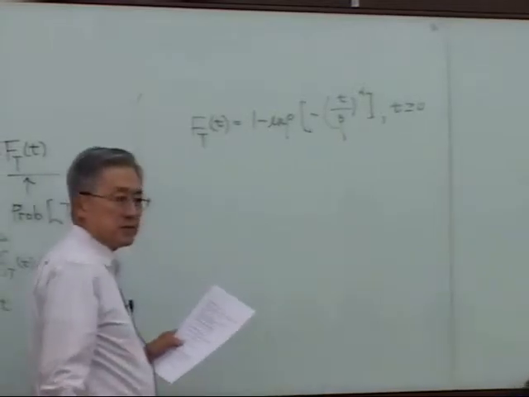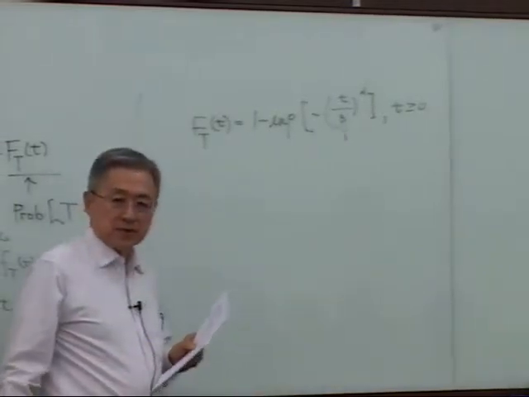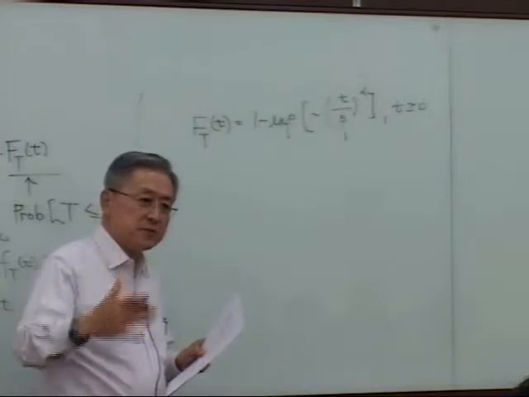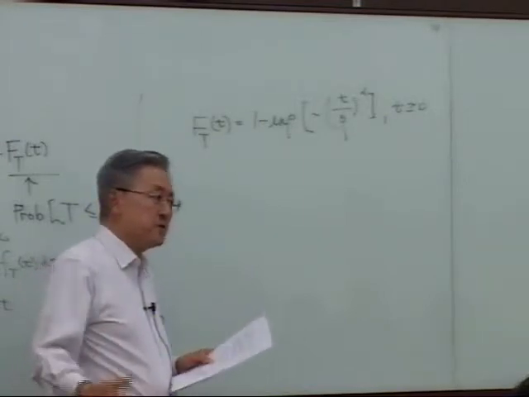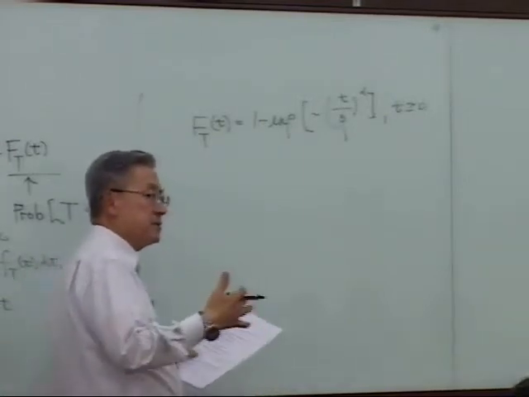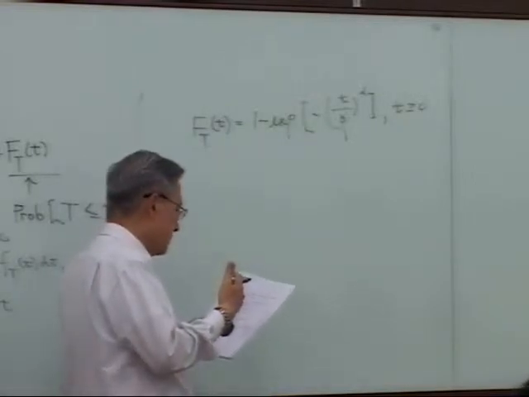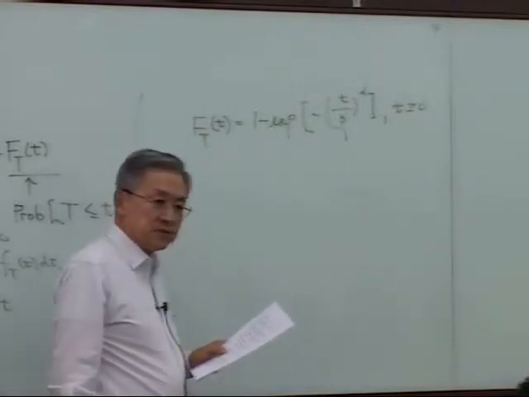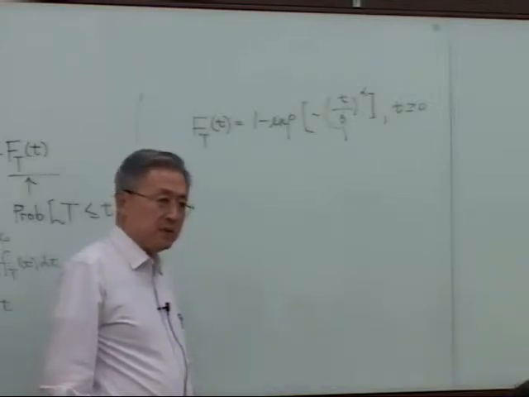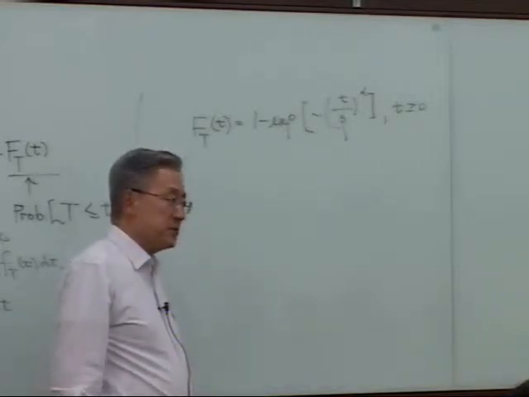How many parameters do you have to determine to fit your data? Two parameters, alpha and beta. This is typical of the Weibull distribution, the two-parameter Weibull distribution.